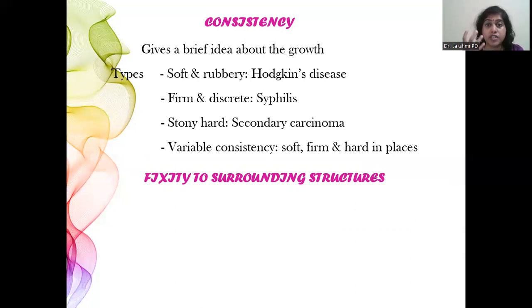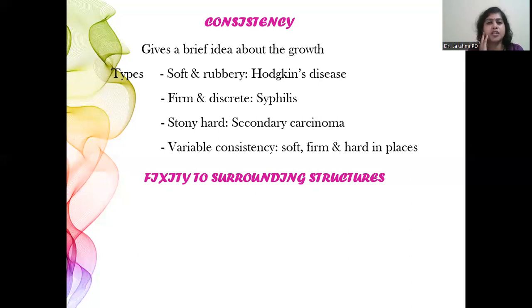It need not be visibly enlarged, but it will be definitely palpable. The patient might have tenderness. Mostly it will, but however, it is very characteristic that these lymph nodes will be stony hard in consistency.